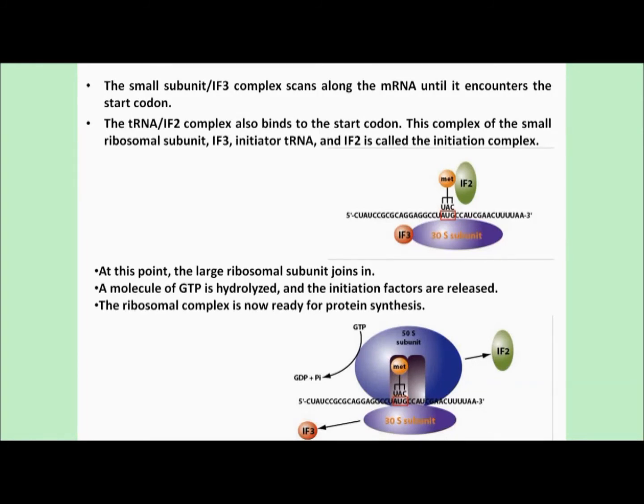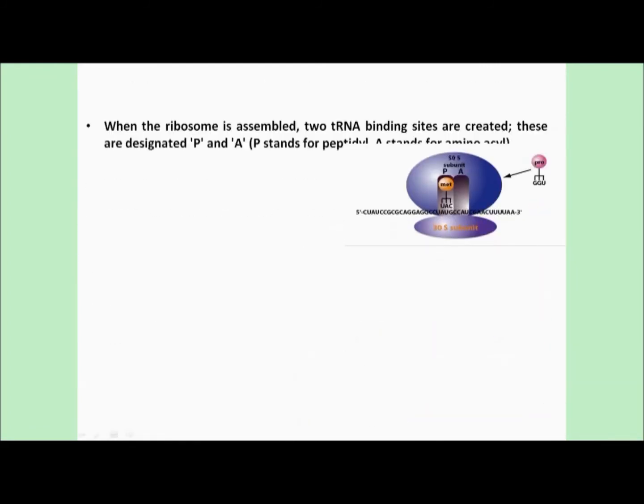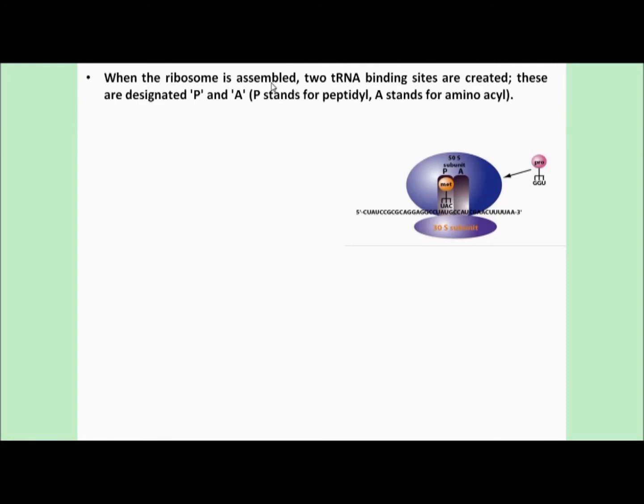So how does it go? I am again repeating, this is the P site and this is the A site. Now you see what will happen. When the ribosome is assembled, two tRNA binding sites are created. We know that these are known as the P and the A. The P stands for peptidyl and A stands for aminoacyl.